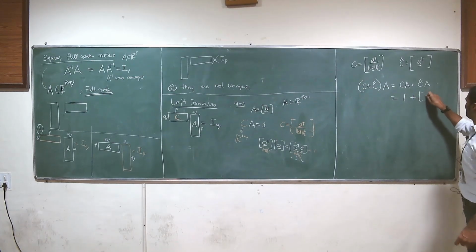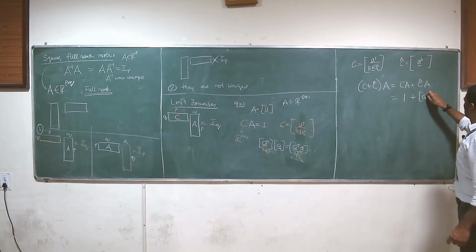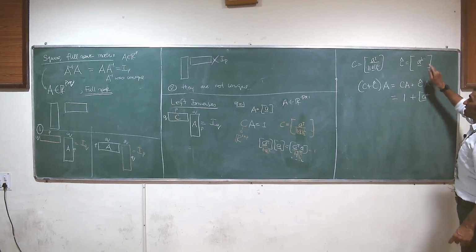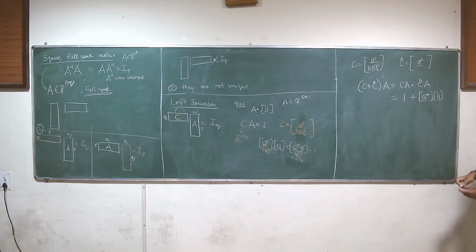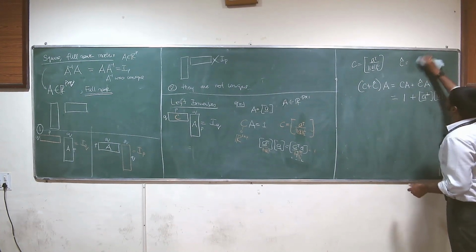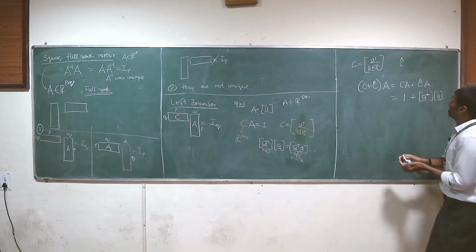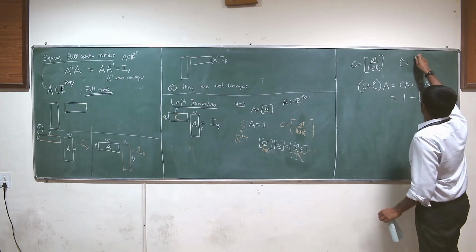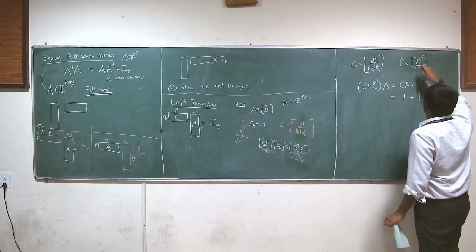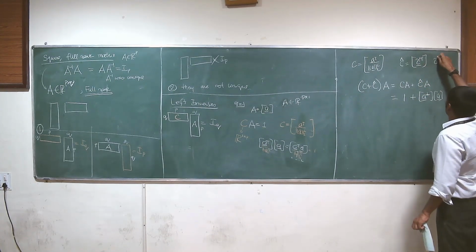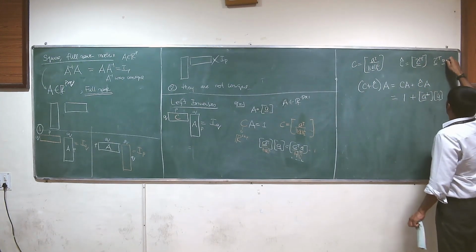Whereas here, now assume this is a row, such that C tilde transpose into A is 0.